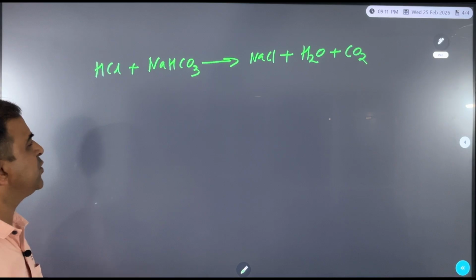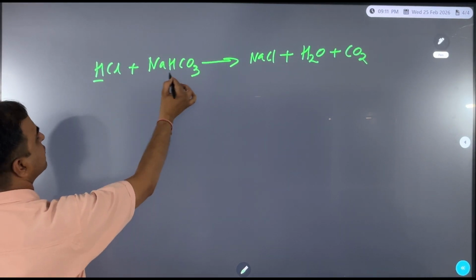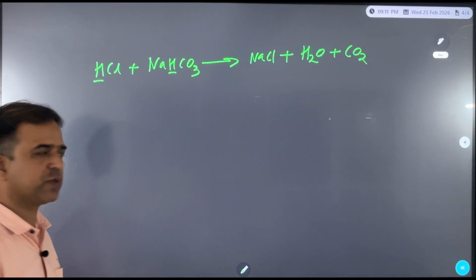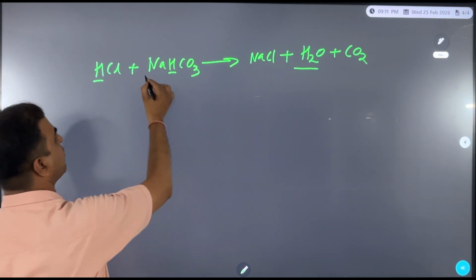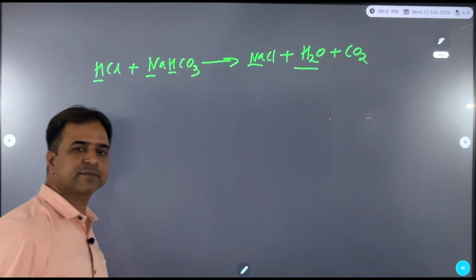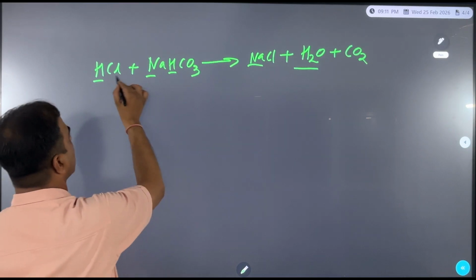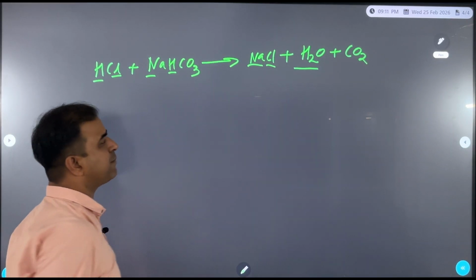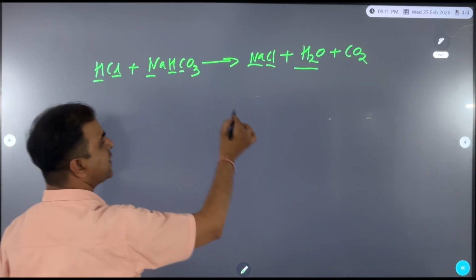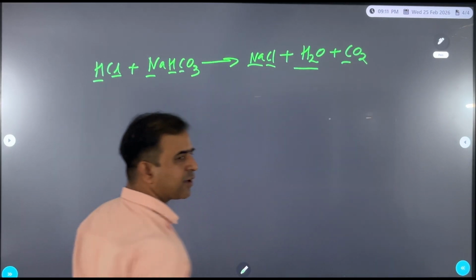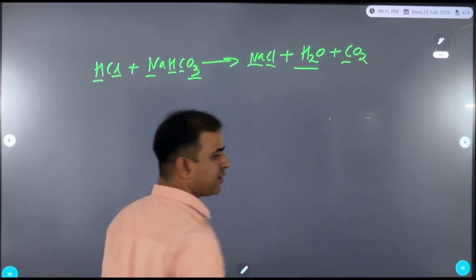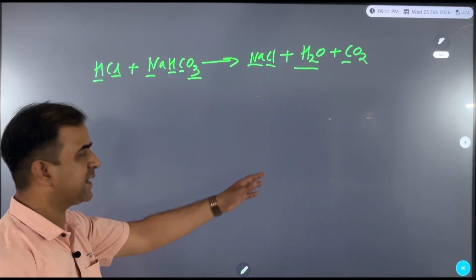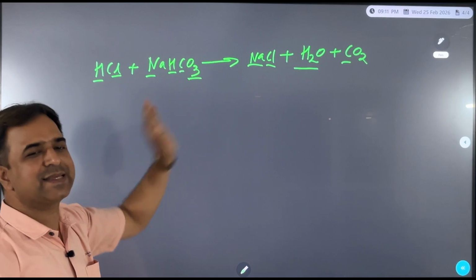What you need to do is just check whether it is balanced or not. One hydrogen, one hydrogen. Check for sodium, 1 in number, 1 in number. It is balanced. Chlorine, 1, 1, balanced. Carbon, 1 on reactant side, 1 on this side. Oxygen, this is 3 on reactant side, 2 plus 1, 3 on product side. So this is a balanced chemical equation.